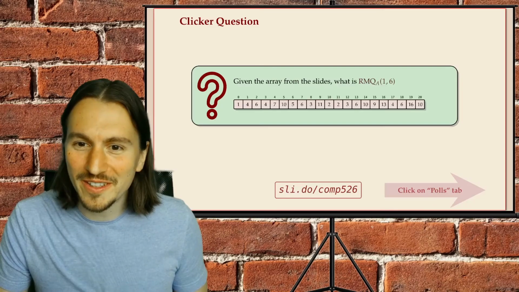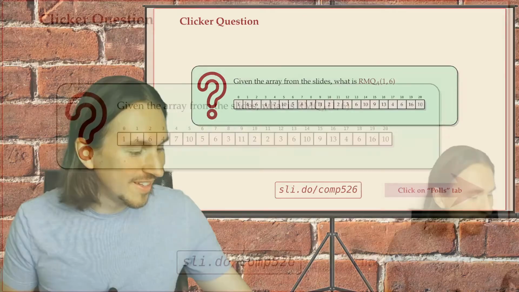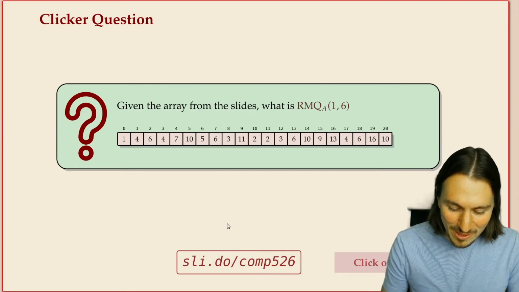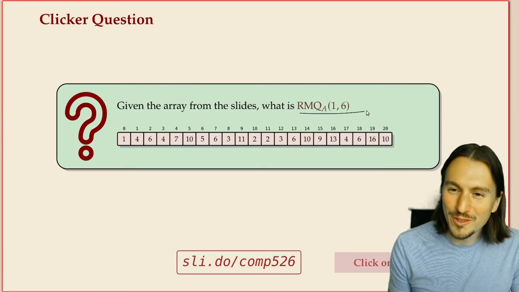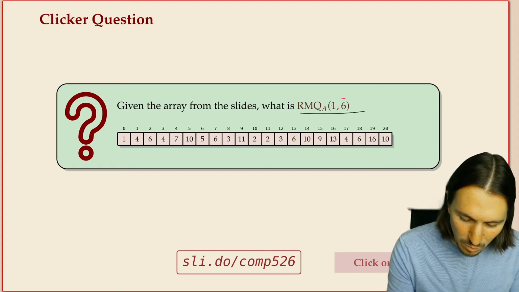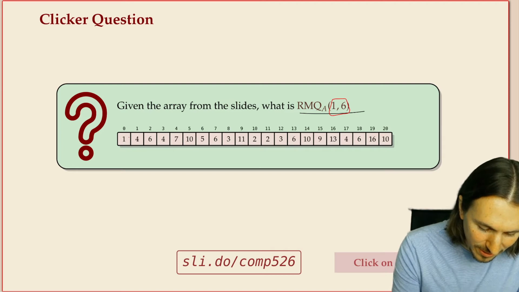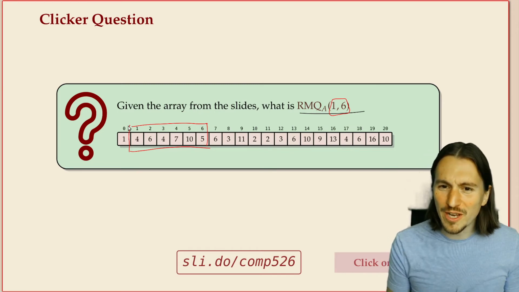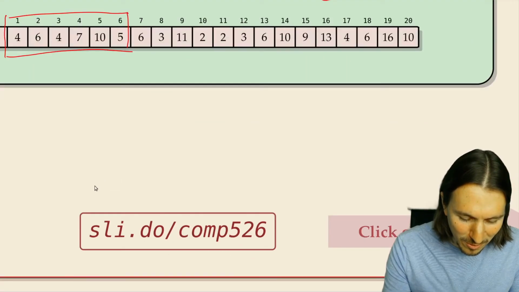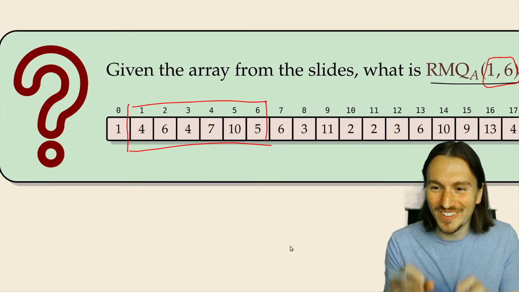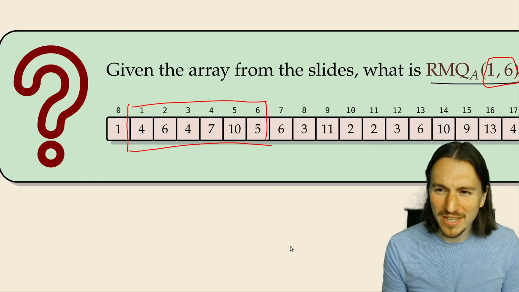Let's see if that is what we expect. So what does that mean? Okay, range minimum query. First of all, we have to find the range that this is talking about. That's 1 up to 7, and it's inclusive. So that's the range we talk about. We're only looking at this range of the array. You could zoom in and say we're only looking at this tiny portion of the array.